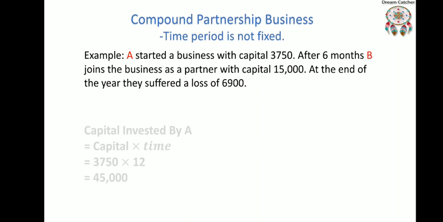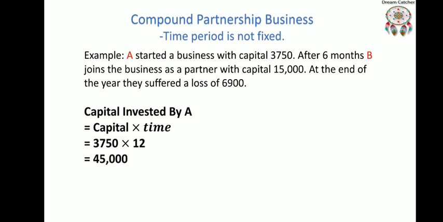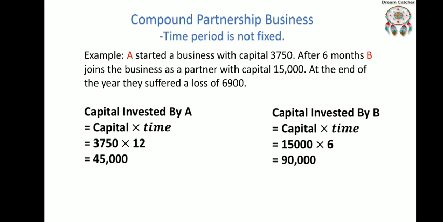So when we calculate capital invested by A, you see his capital was invested in the business for the entire year, that is 12 months. So we have multiplied it with 12. But when we calculate the capital invested by B, since B joined the business only after 6 months, B's capital was invested in the business for only 6 months, and that's how we calculate it.